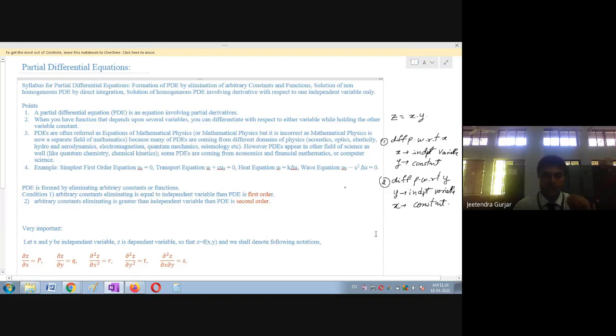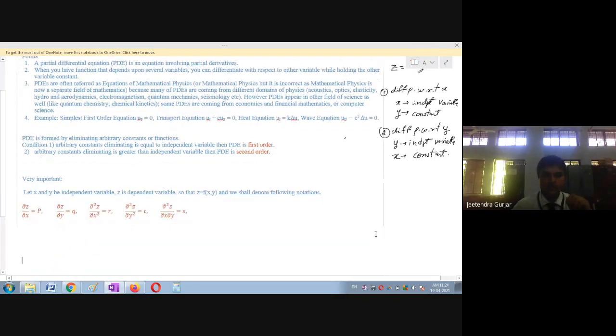Okay, so what you are going to write down in your book is very important. I have already quoted here, very important. So you can write down, students, this is very important in PDE. So we have studied the applications, where it is used and how we are going to use this PDE in this topic. Let x and y be independent variables.